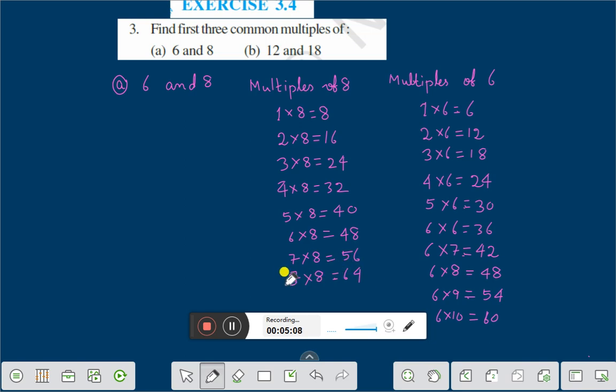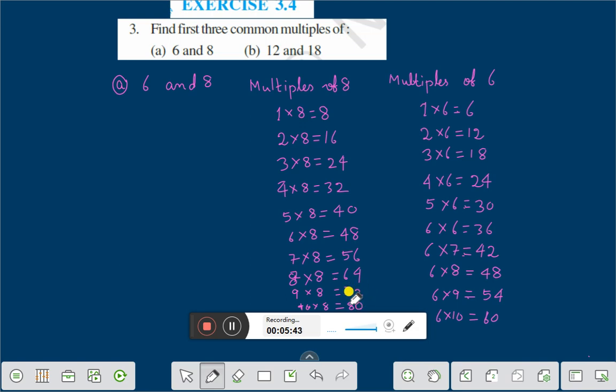Then 9 into 8, 8 9 is 72. And 10 into 8 is 80. These are the multiples of 8 and multiples of 6.